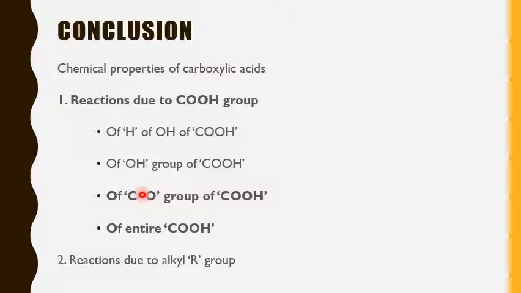All these we have seen. And within the entire COOH, we have seen decarboxylation and heating of calcium salts of carboxylic acids, and also the Schmidt reaction, Hunsdiecker reaction, Arndt-Eistert synthesis, and reaction with diazomethane, where we can see a wide diversity of functional groups derived from carboxylic acids.